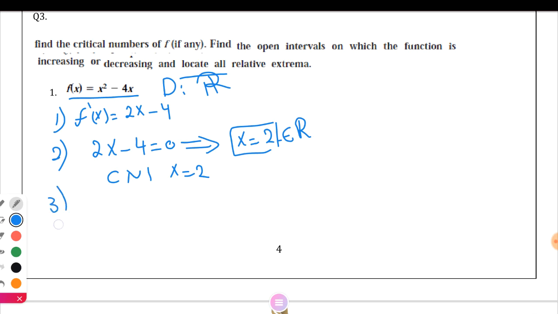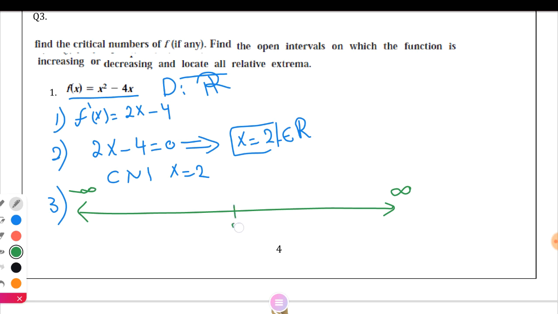Third step, I think it's so trivial, this one. Draw a line, from negative infinity to infinity. I'd like to know what are the intervals on which the function is increasing or decreasing, which are included in its domain.